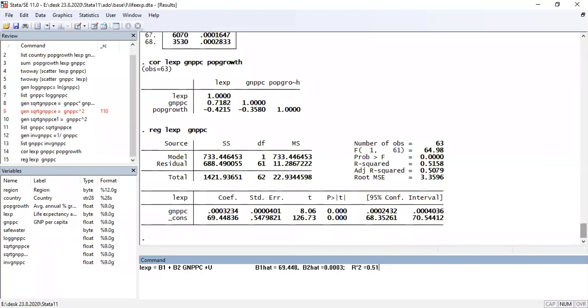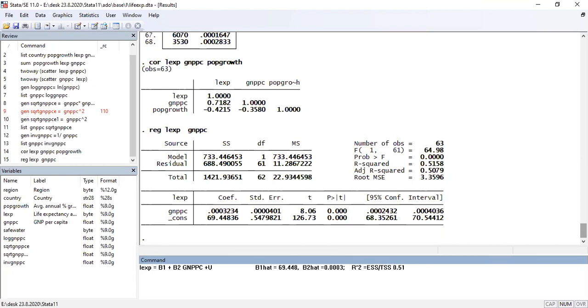Anyways, let me explain again. R squared is called goodness of fit or coefficient of determination, and we derived it from explained sum of squares, total sum of squares, and residual sum of squares. R squared is ESS divided by TSS.